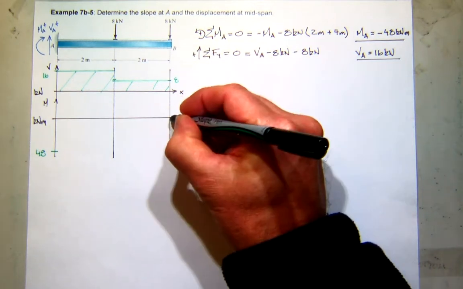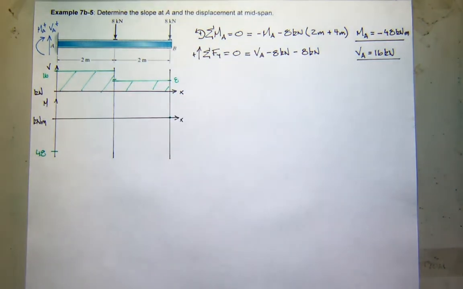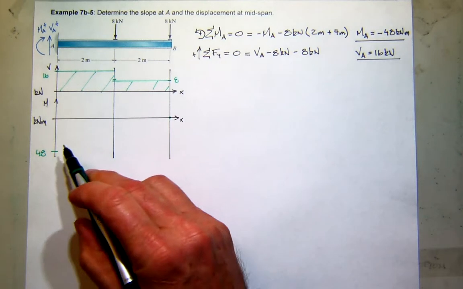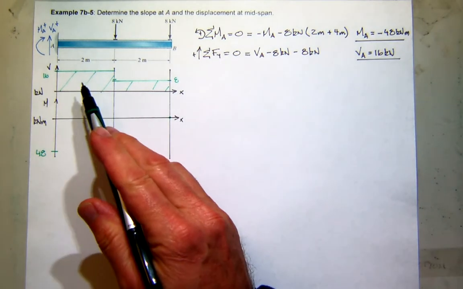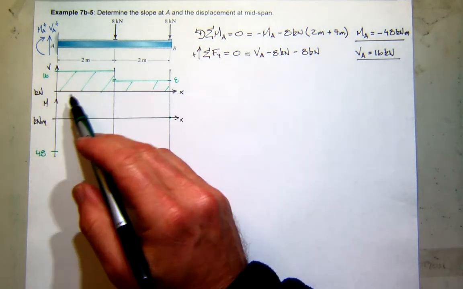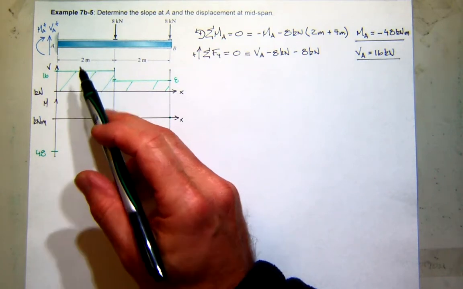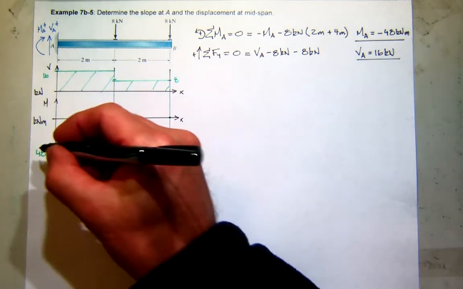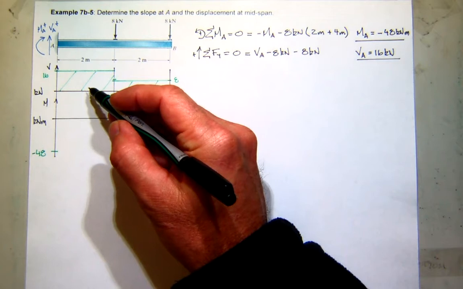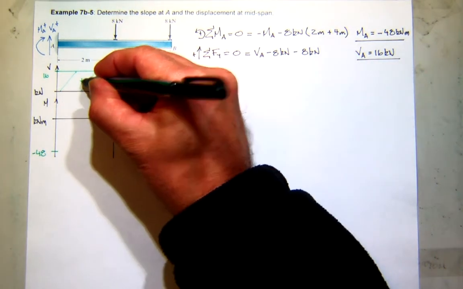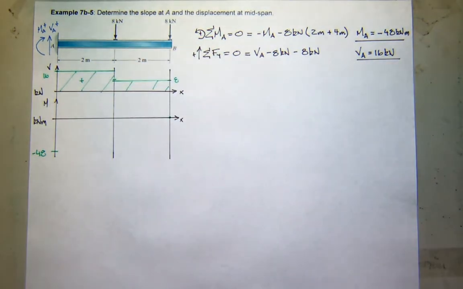Yeah, it's 0. So we better hit 0. Now remember, the change in moment is the area of the shear diagram. It looks like that's a convenient area: 16 times 2, which is 32. So you start at negative 48, and you add this positive area to it, 32. What do you get? Negative 16.